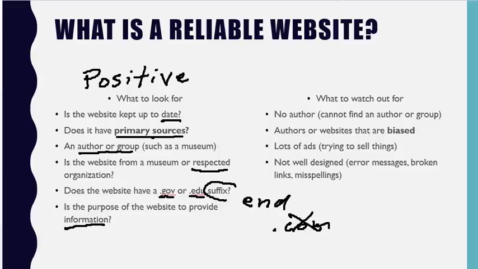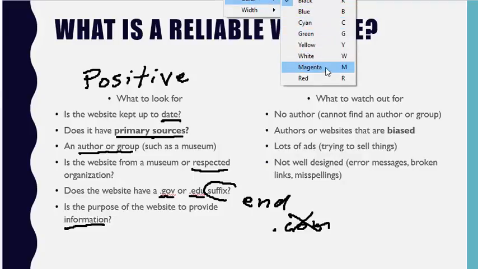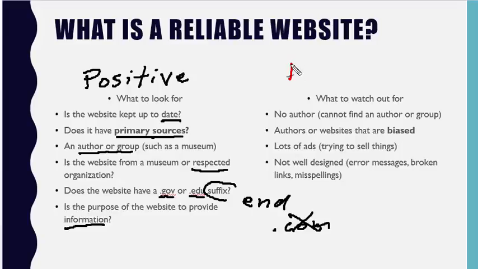Alright, so on the other end, we have the negative things. These are the bad things that you want to avoid when looking for a good website. First of all, there is no author.